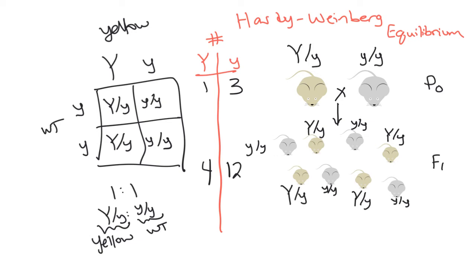Now let's take a look at that yellow by yellow cross and see how it differs. So here again is that cross between two yellow parents that produce 6 offspring in that 2-to-1 phenotype ratio. And the genotypes of these parents are both heterozygous.